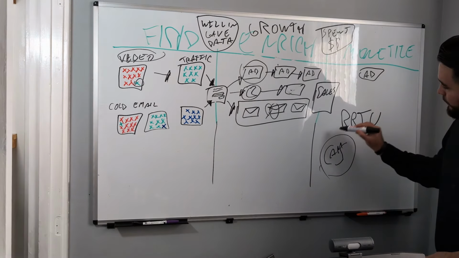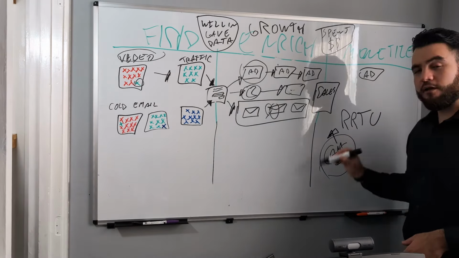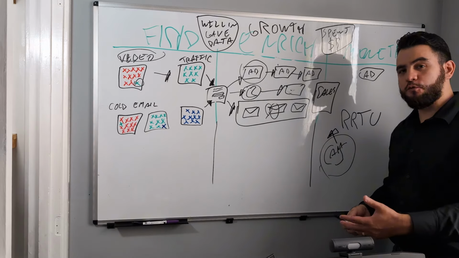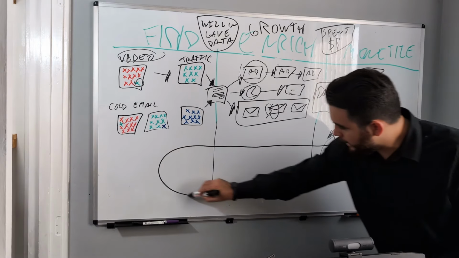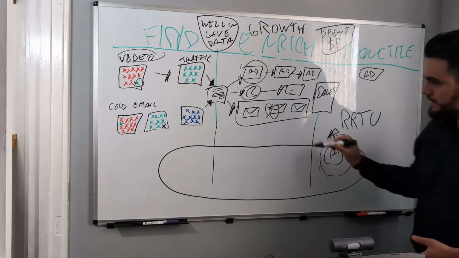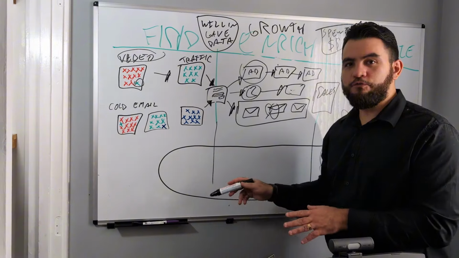So the interviews we have here, the data we collect, the quizzes we send, the questions we ask, the data we get here, it just circles back. It circles and feeds the whole funnel.